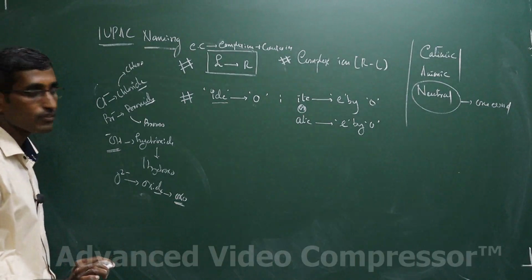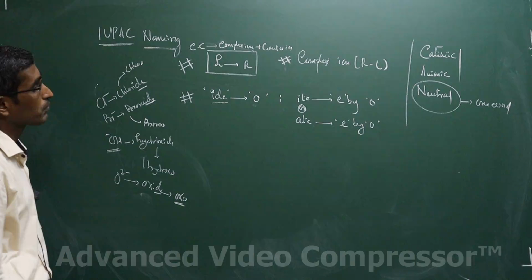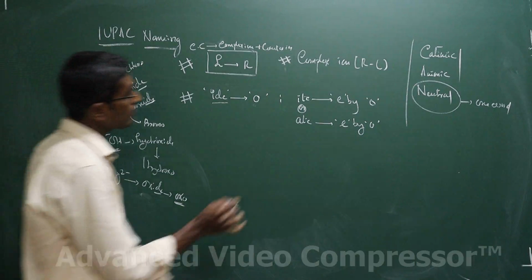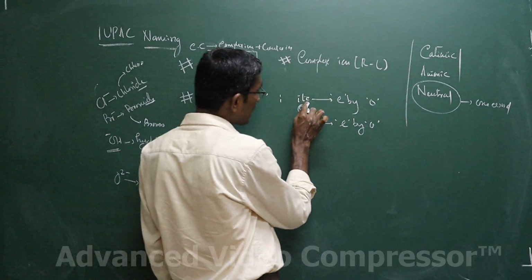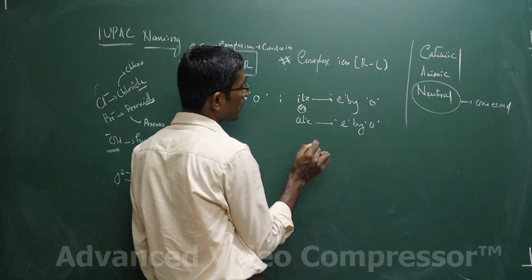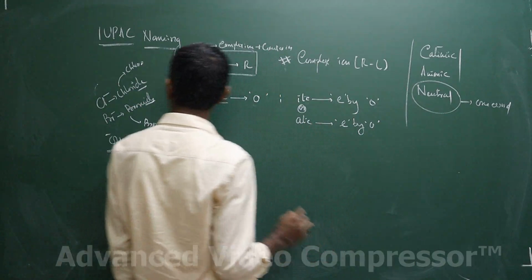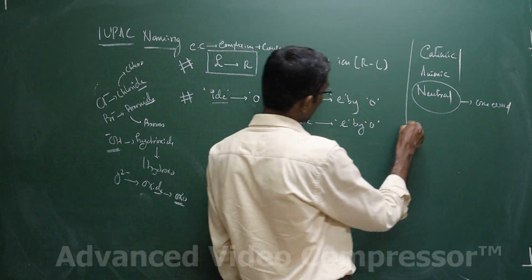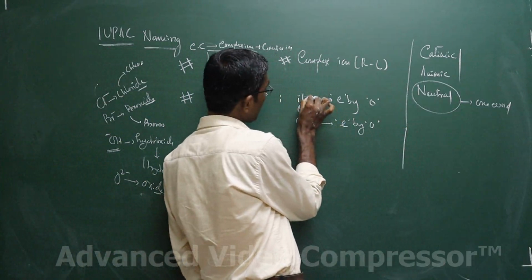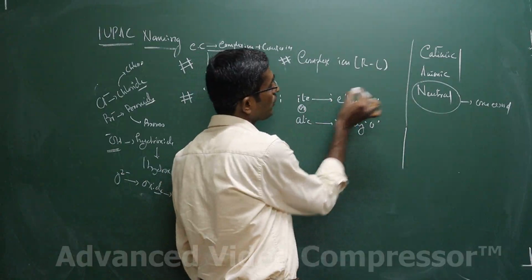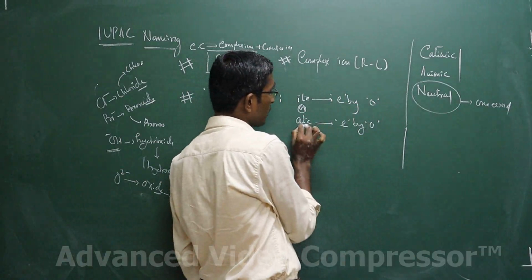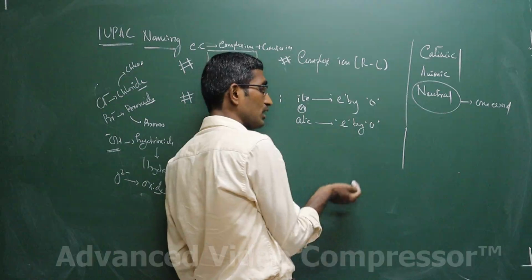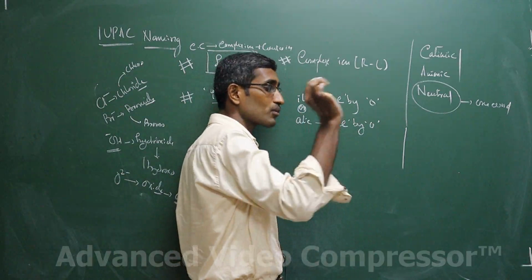If the ligand ends with ITE, then what you have to do is replace the last E by O. If it is ATE, same thing: for ITE or ATE, the last E has to be replaced by O.